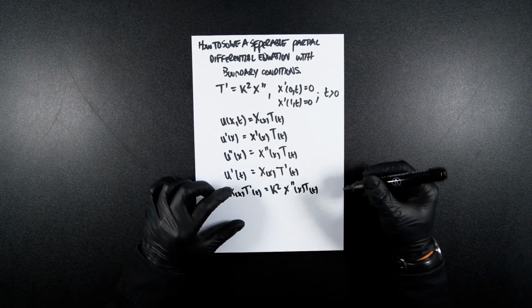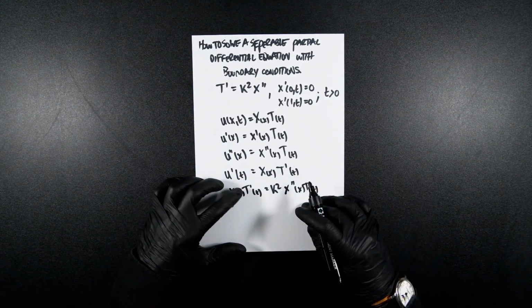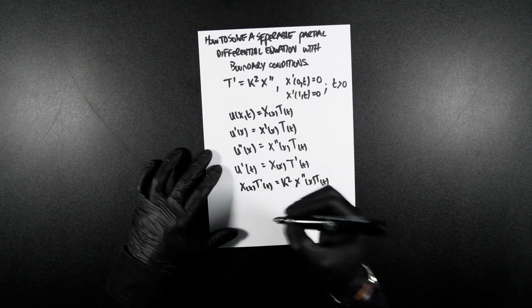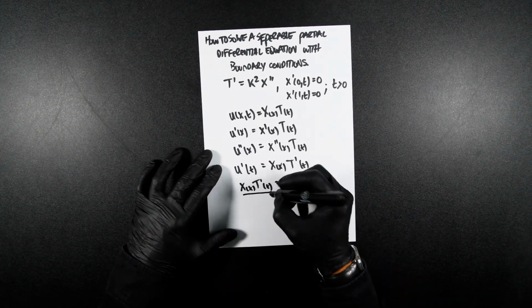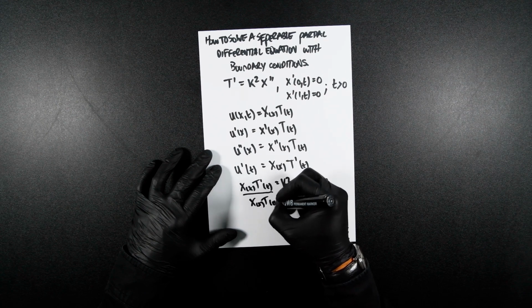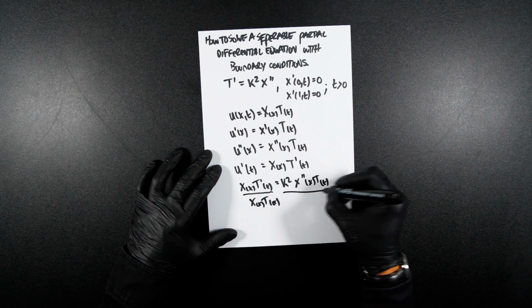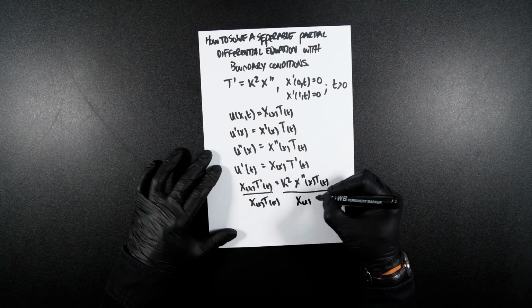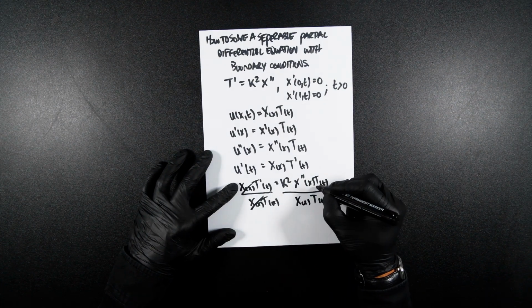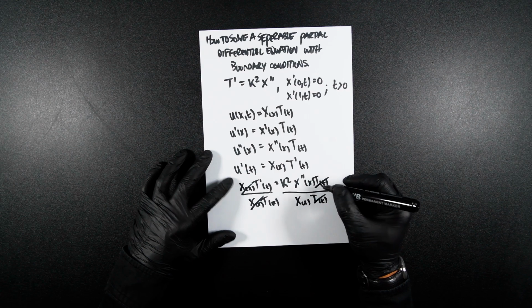So if we now divide both sides by X(x)T(t), not the differentiated version, this cancels out, and I think this cancels out.